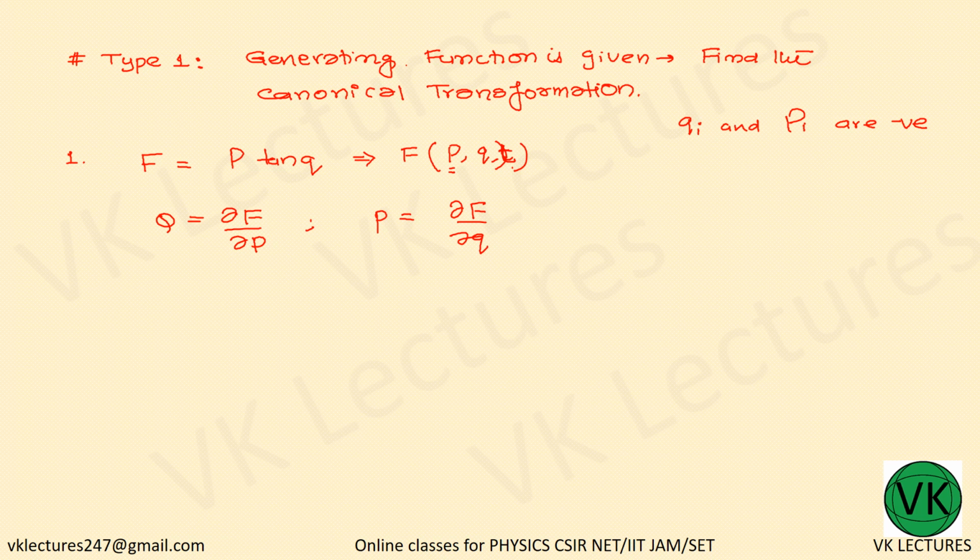So capital Q is equal to tan q, and small p is equal to dou F by dou q. So P sec square q, the derivative of tan theta is sec square theta, so sec square q is given.